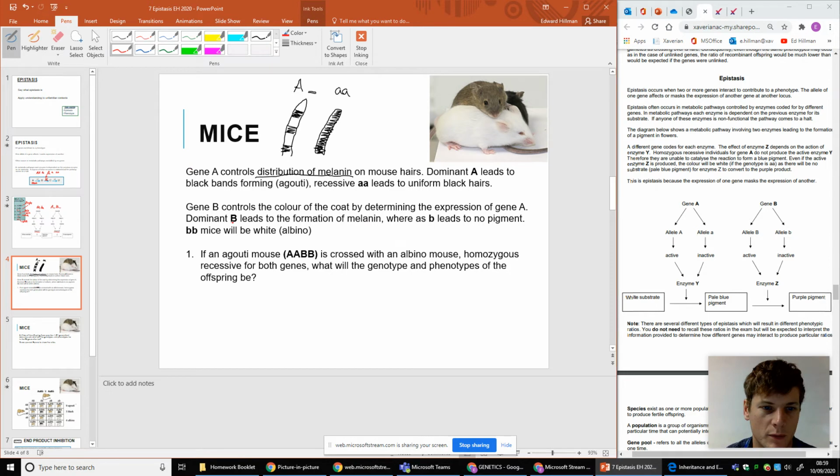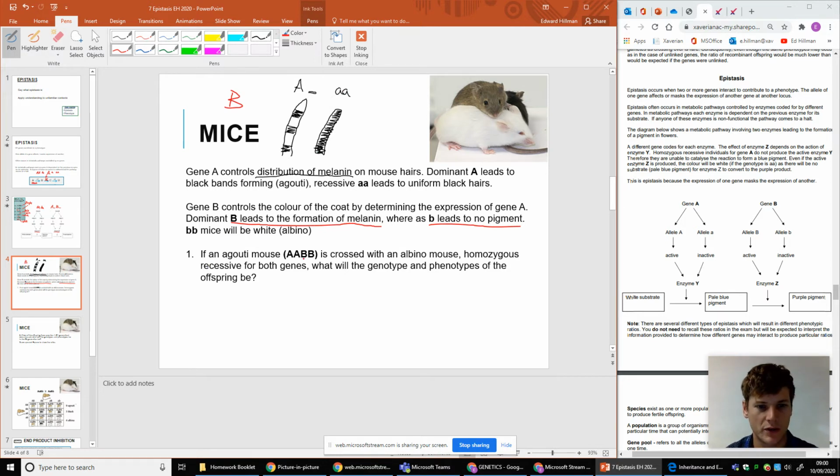Let's think about that, that's important. Whereas a recessive B leads to no pigment at all. So essentially it's necessary to have a dominant B to have any melanin at all, and then the genotype of gene A determines whether there are bands or no bands.